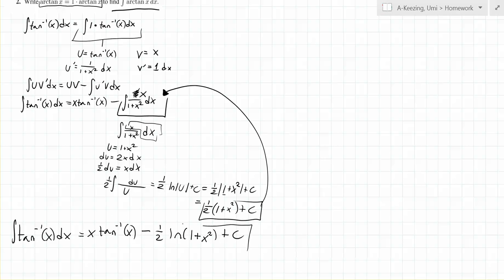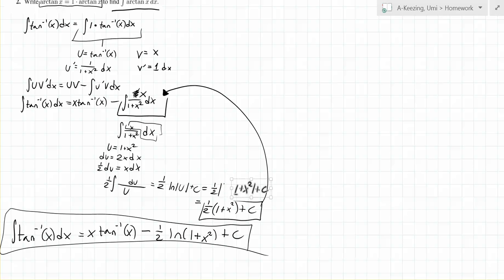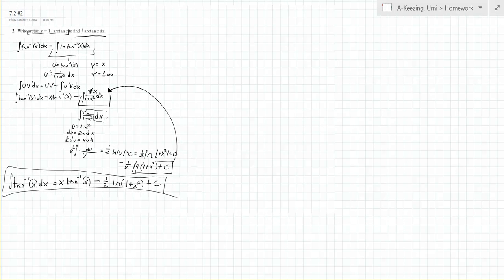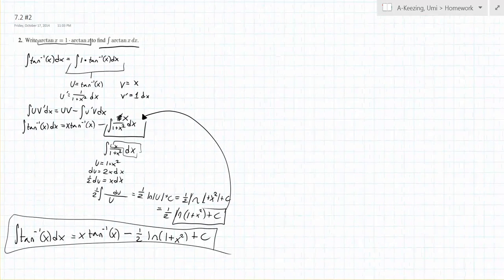And that is our final equation. I forgot to put in ln here also. I'm sorry, I'm a terrible person. And also here. But this is what we're left with. This is the whole problem.